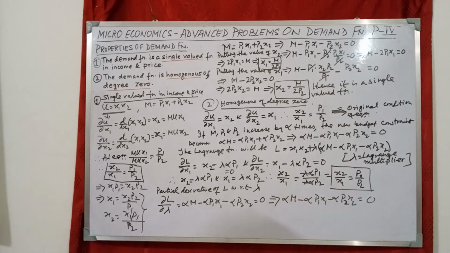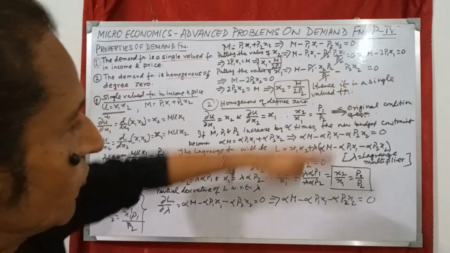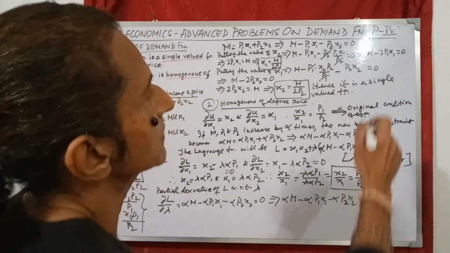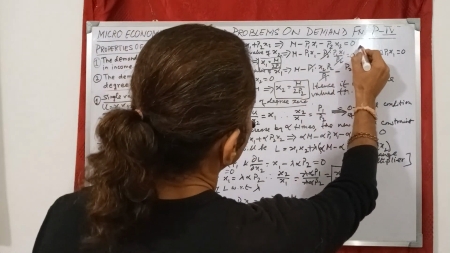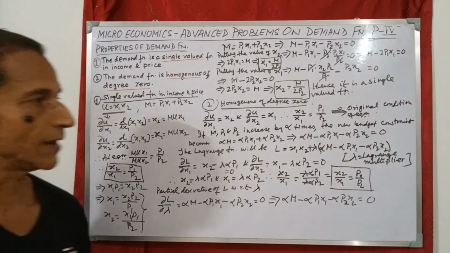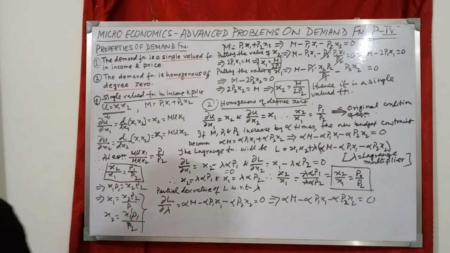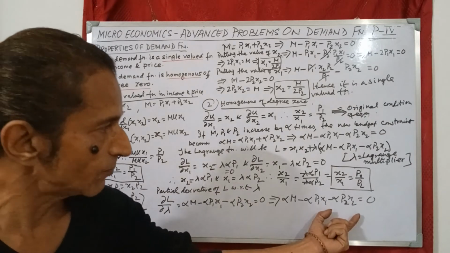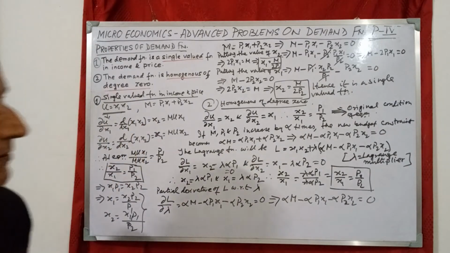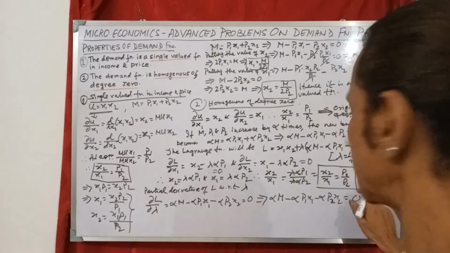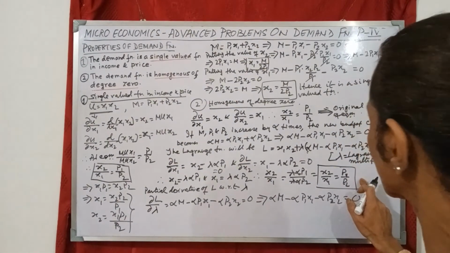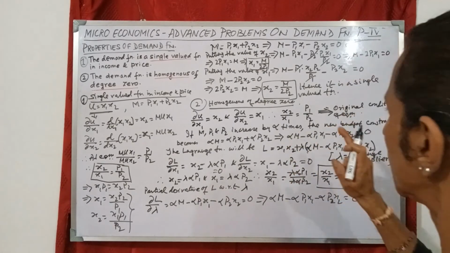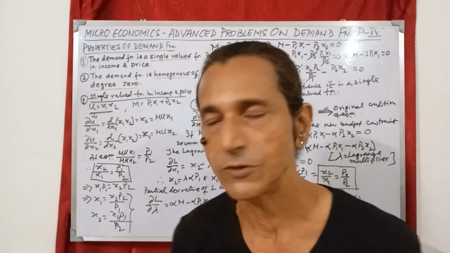Now you see, before the increase in income of the consumer and prices of the commodities, this was the budget constraint or budget equation, and after the increase of prices and income of the consumer, this is the new budget constraint or new budget equation. And we have seen that the same original equilibrium condition is derived by taking this new set of income and prices, that is alpha m, alpha p1 and alpha p2.